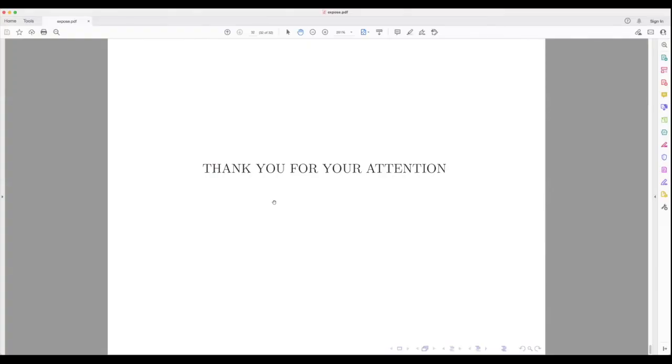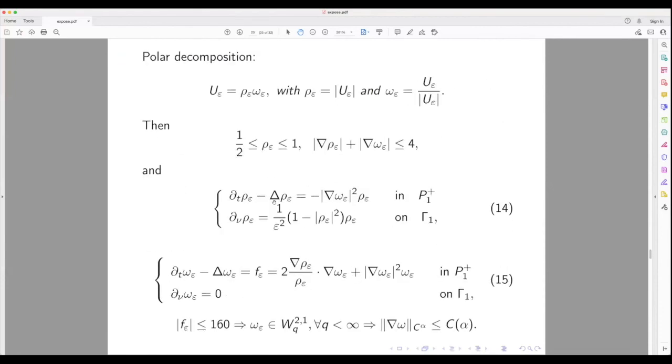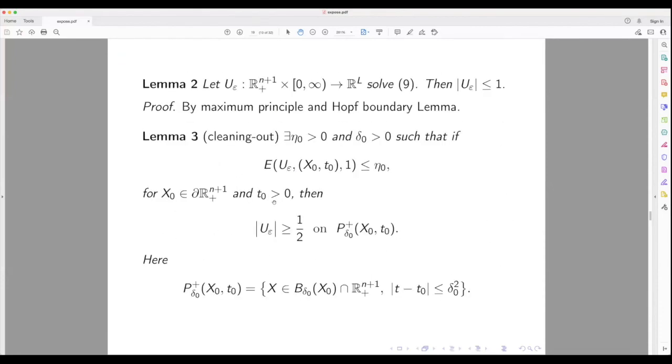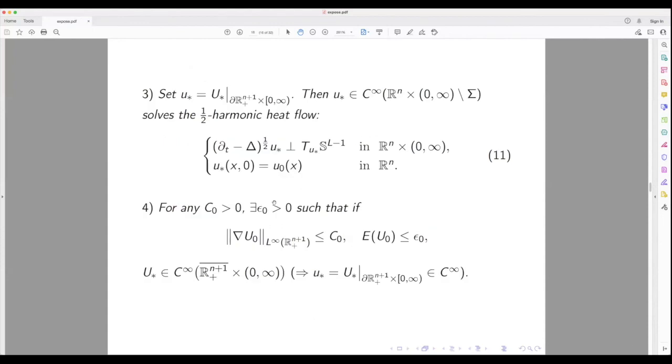The only thing that you use of the Ginzburg-Landau is basically the fact that the level sets of the potential are basically the manifold.